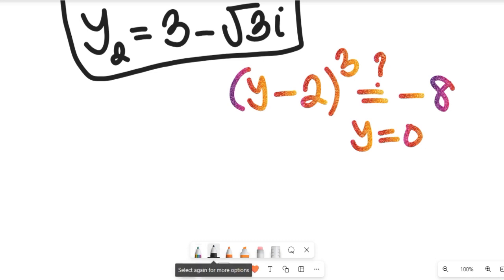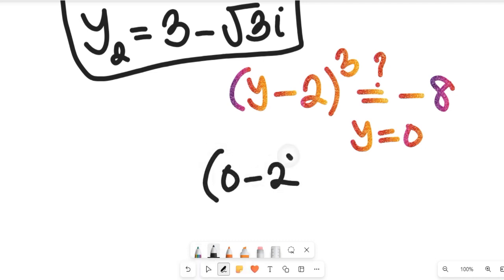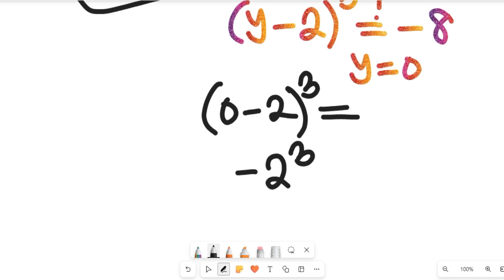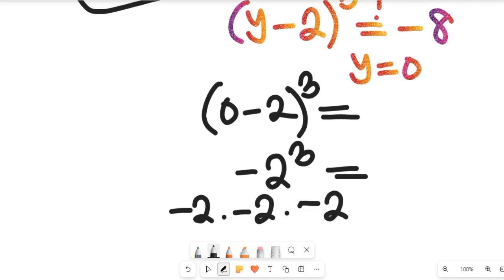So we're going to have 0 minus 2, all to the power of 3. Will it give us negative 8? Let's see that. This is going to give us negative 2 to the power of 3, right? This is negative 2 multiplied by negative 2 multiplied by negative 2, and this is equal to negative 8.